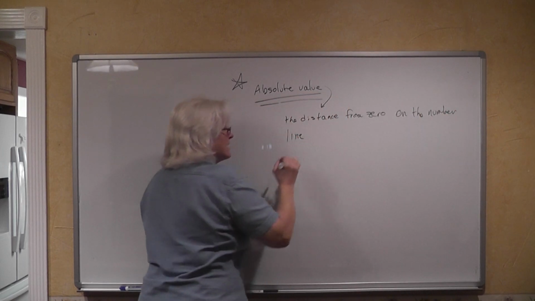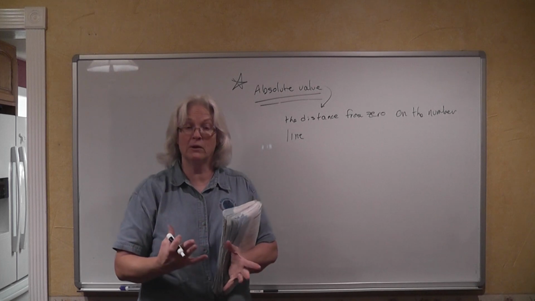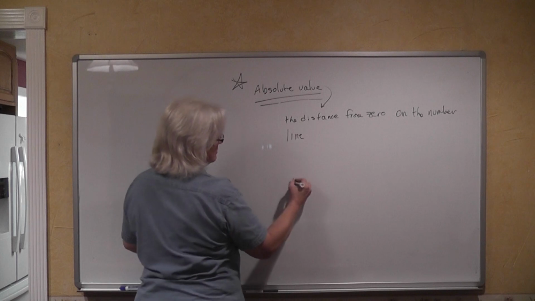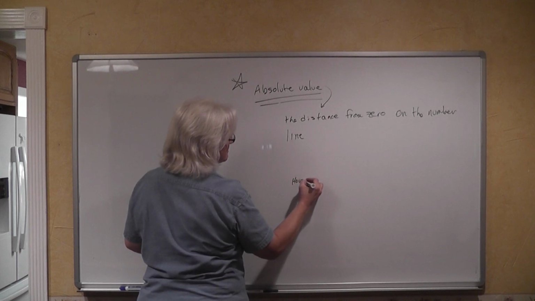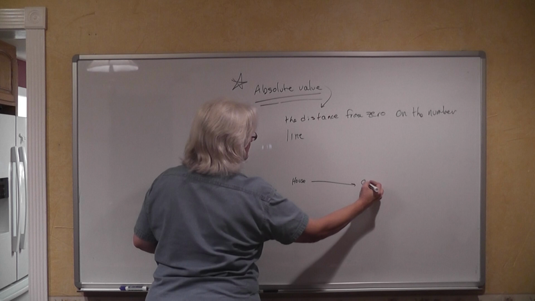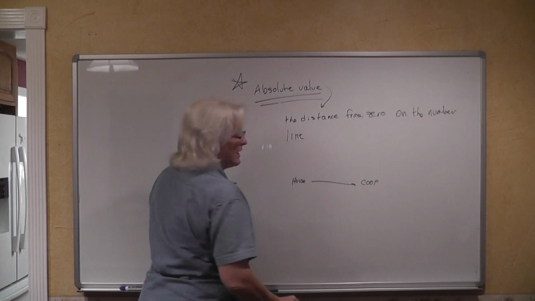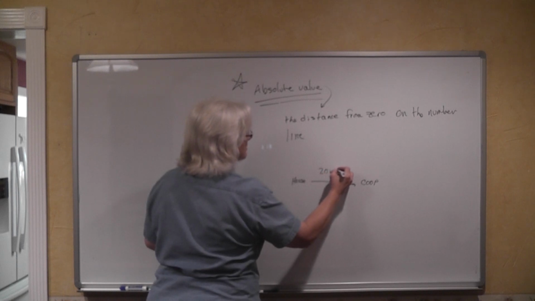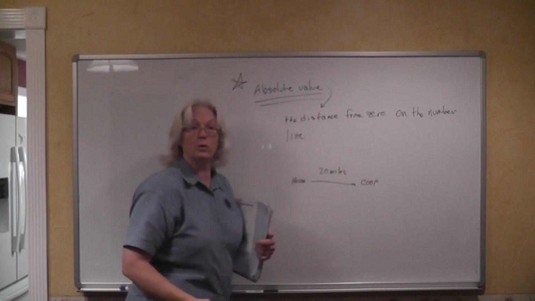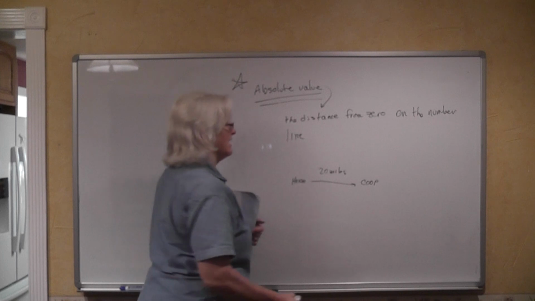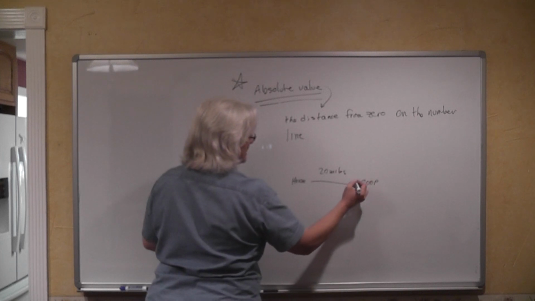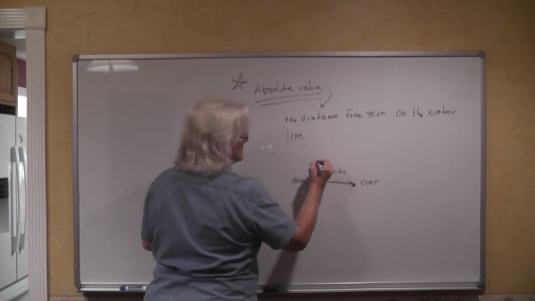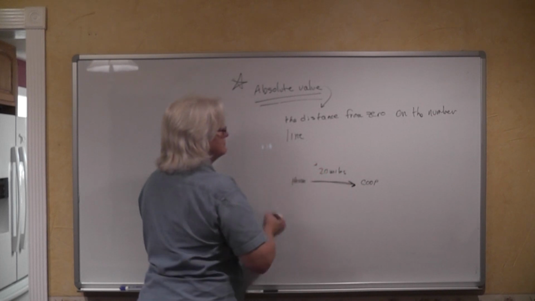A really good example of what absolute value is, is mileage. Let's say that we start here at the house, and I'm going to drive to Co-op, and that is about 20 miles for me. So I drive my vehicle 20 miles one way to Co-op. Then I turn around, and if this was a number line, you would say that this was sort of positive, right? A positive 20 miles.